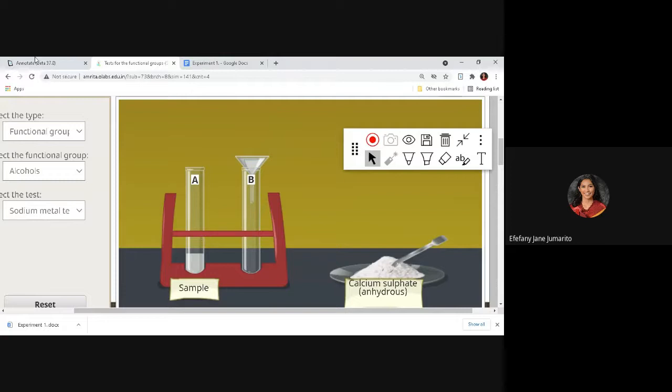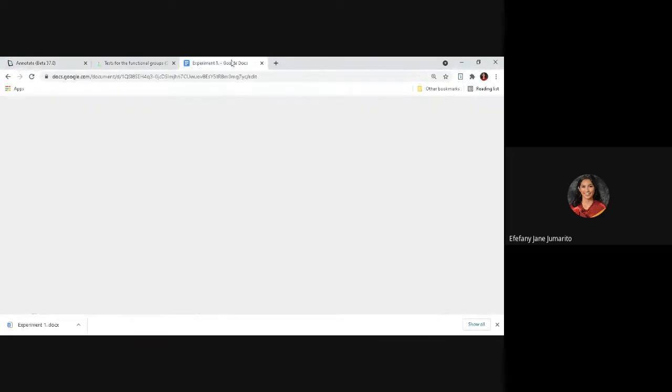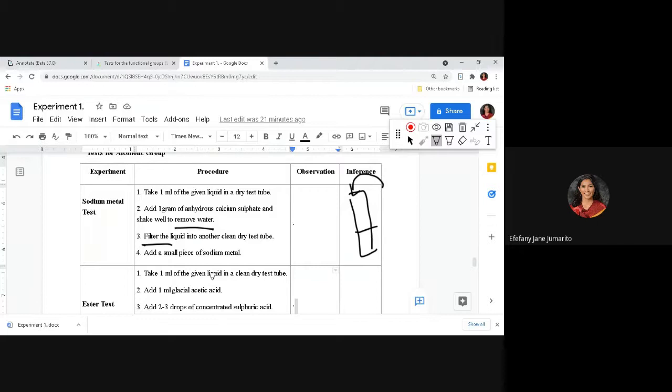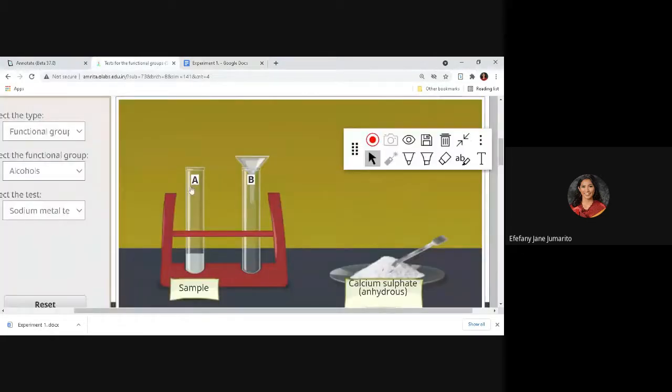Then after that, procedure 3: filter the liquid. Okay, let's filter. Now, class, what do you call this one?